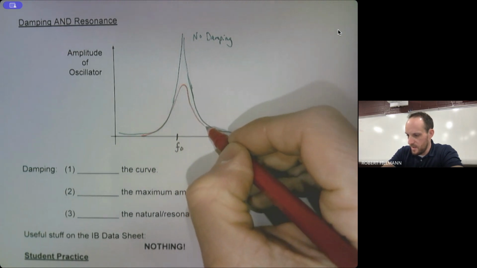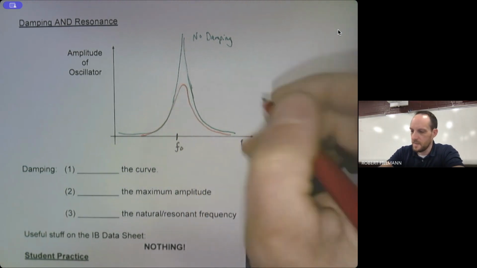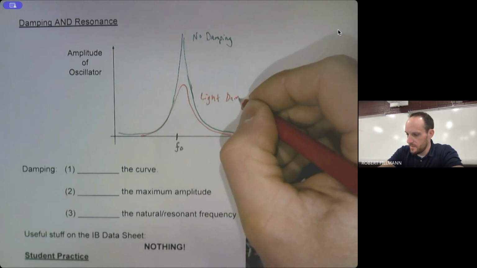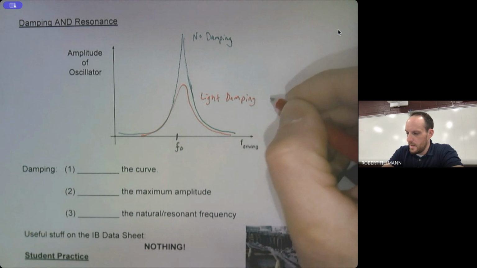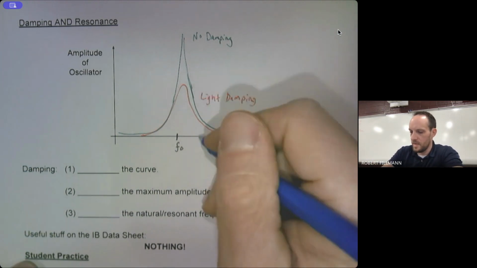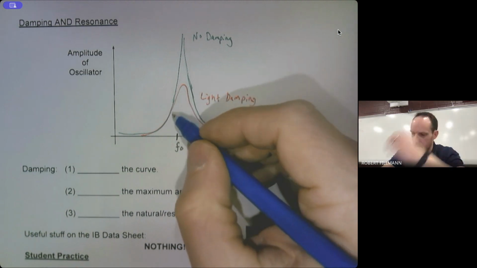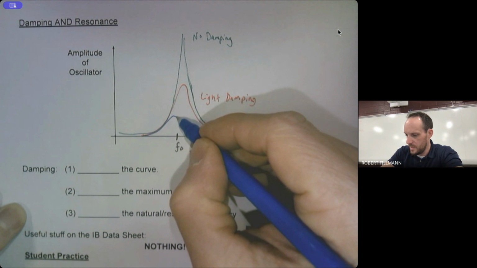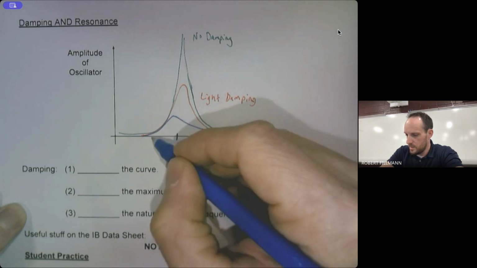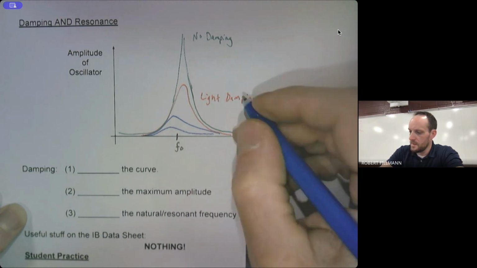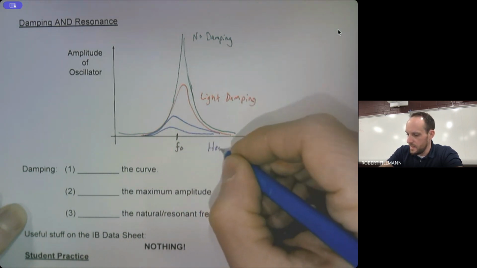There's a limit to the amount of energy that the thing can give. Okay, so here we have our light damping or underdamping. And as we start to add more and more damping, we'll notice two things: this curve will get lower and lower, but its maximum is also going to begin to drift to the left as we add more and more damping. Okay. So these would represent heavy damping.